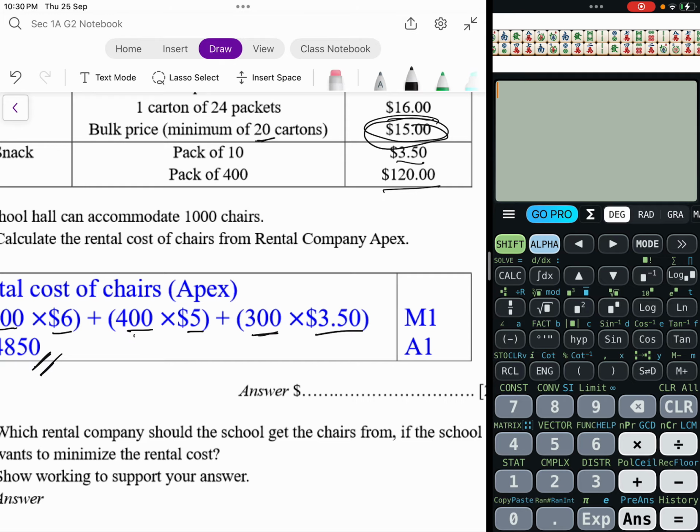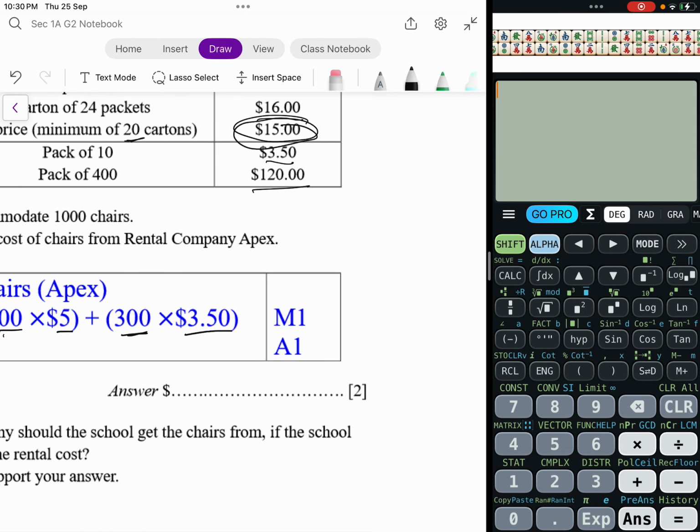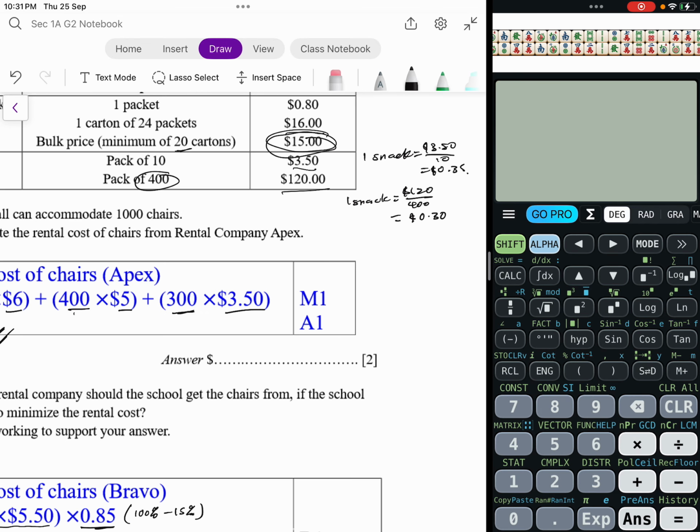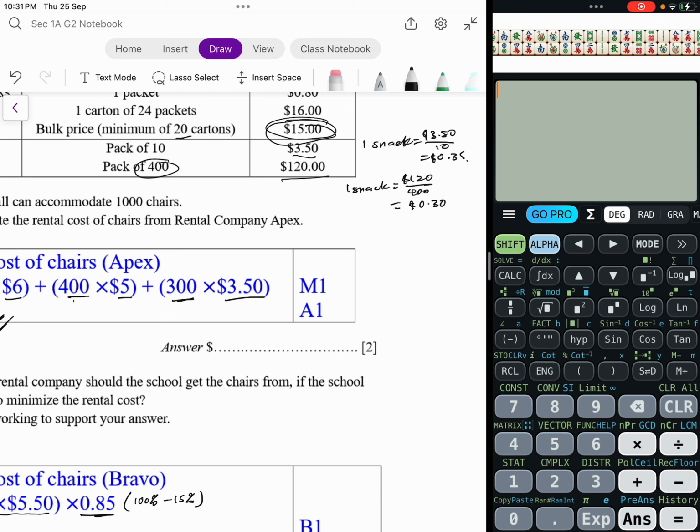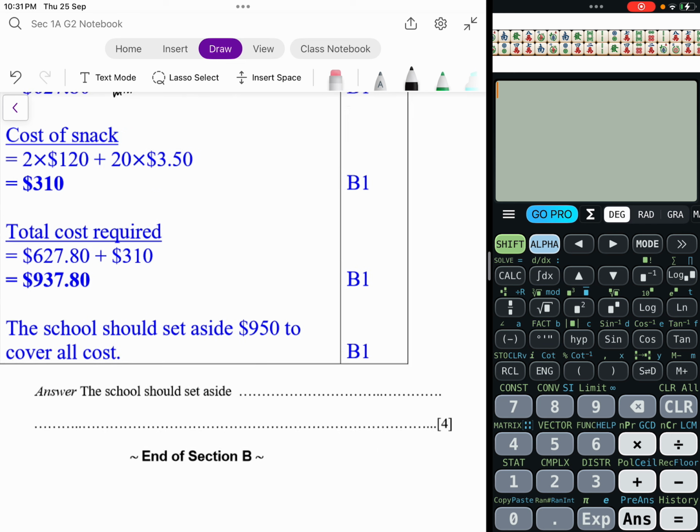So this one snack, 350 divided by 10 is 35 cents. But if you order for bulk, one snack, 120 divided by 400, each one is 30 cents. So it's cheaper. So we can order 800 to get the subsidized price.